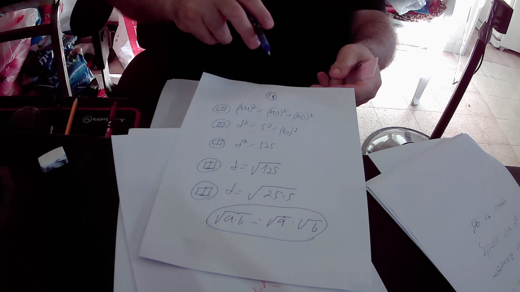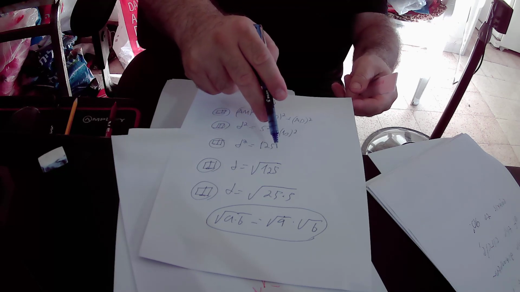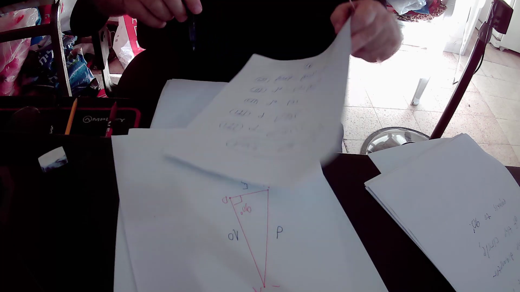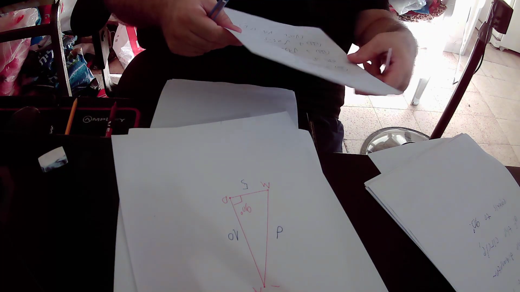So we can separate the root of 25 times 5 into two separate roots.